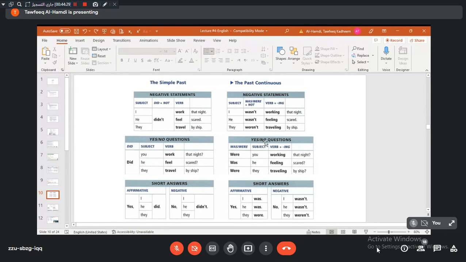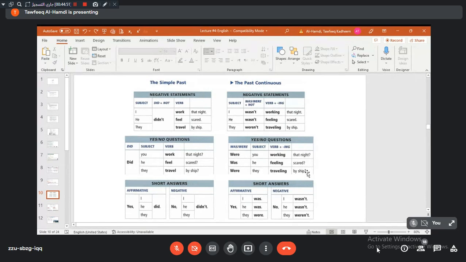To form yes/no questions, I can use was or were followed by subject and the ing form of the main verb. Were you working that night? Was he feeling scared? Were they traveling by ship?